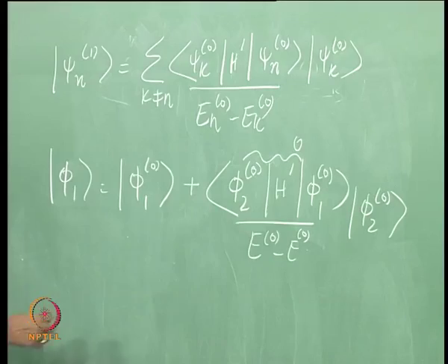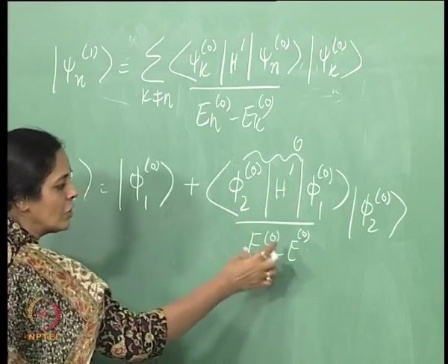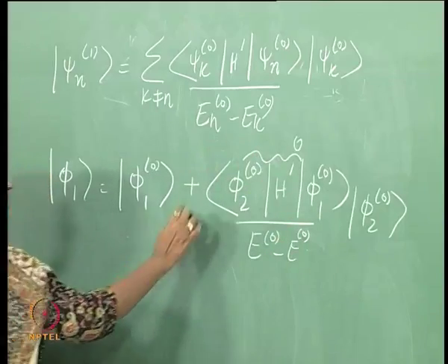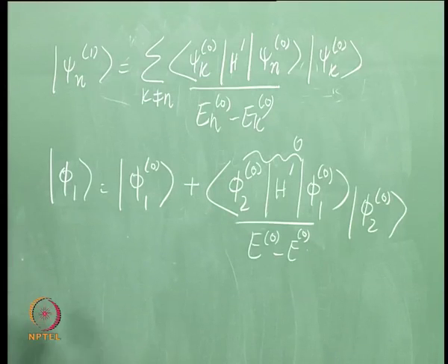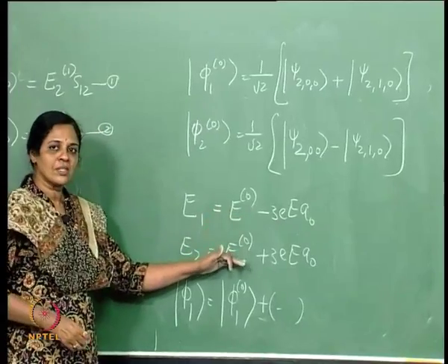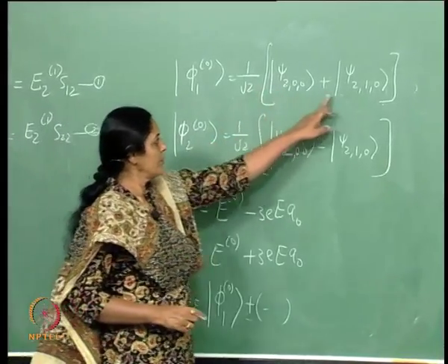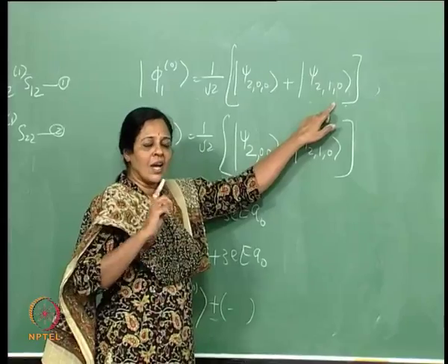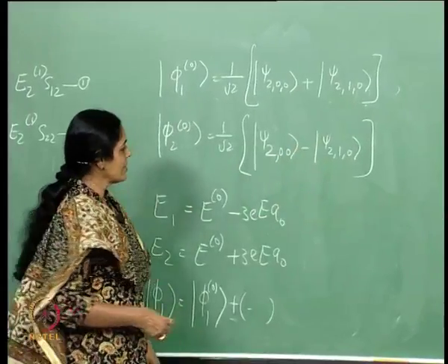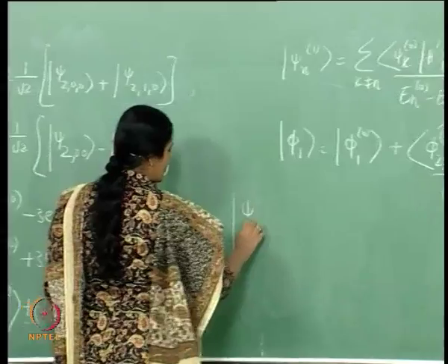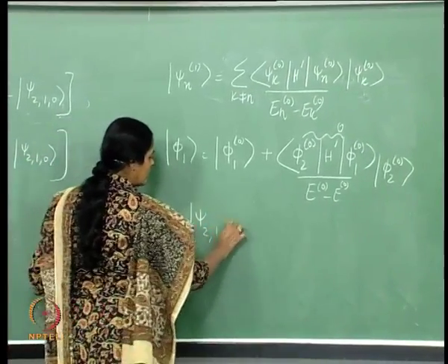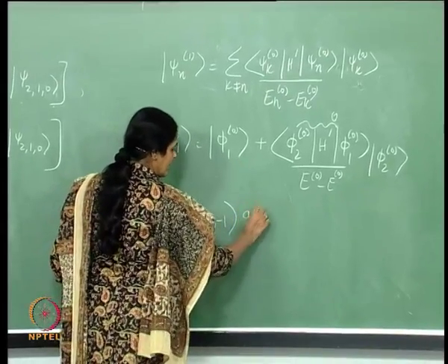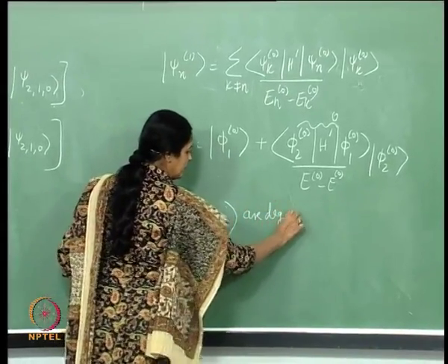The numerator is 0, the denominator is 0, and I can get a sensible expression out of this for the first order contribution. I also realize that to first order the degeneracy has been lifted between these two states. The other two states continue to be degenerate. The states psi 2 1 1 and psi 2 1 minus 1 are degenerate even in first order.